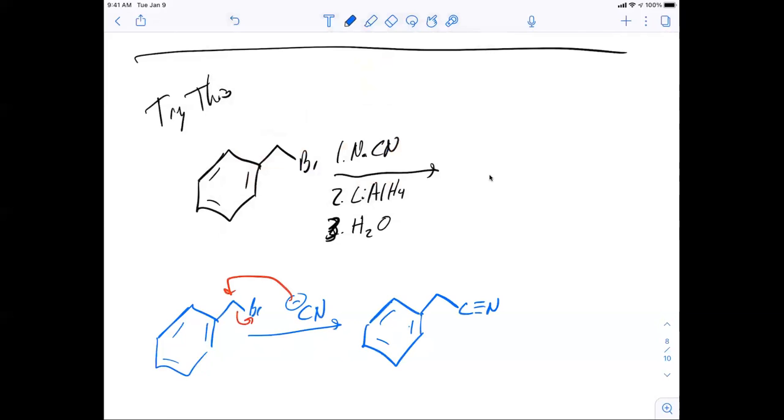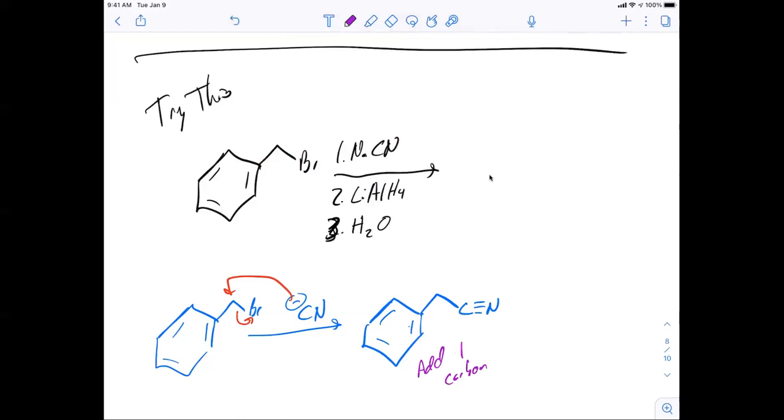Besides making it a nitrile, it also did what? I've changed my functional group, but I've also added one carbon, right? I've changed my carbon skeleton.